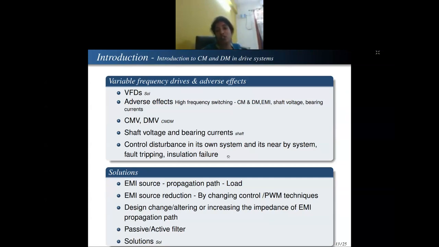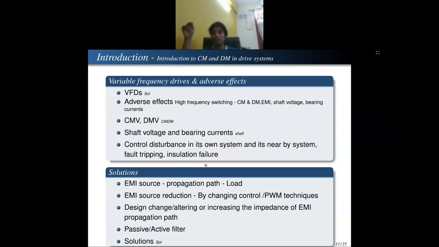Another one is insulation failure. Like I said, the differential mode voltage introduces a peak overshoot of the voltage. If you intend to give 415 volt, at the motor terminal it will reflect even more than that if your cable length is large.